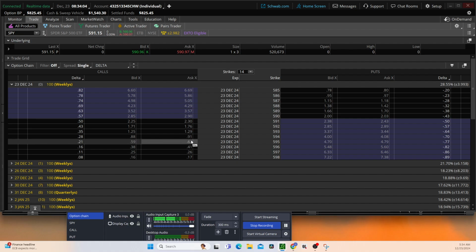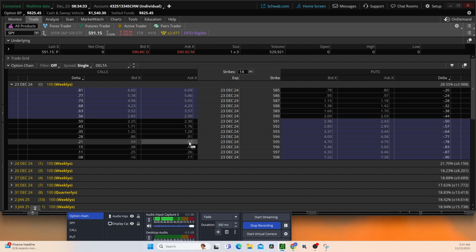So if you bought at 62 and SPY moves up, because these are calls, you would increase the value of this by 21 cents. So basically, you can make 30% on a 1 point move on SPY because you're buying options.